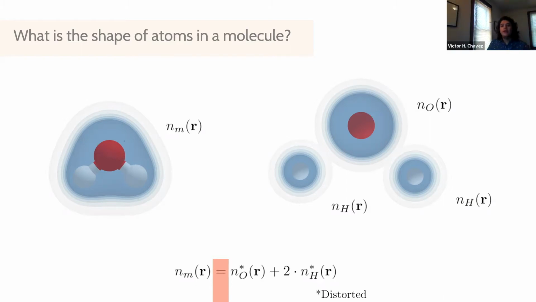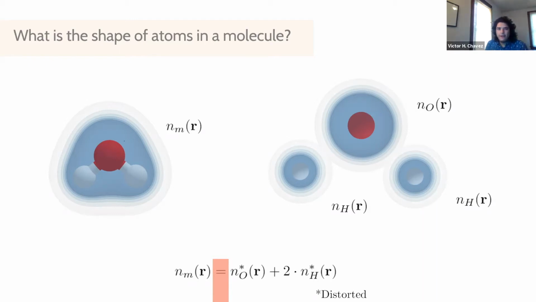And I do know that if I apply the right distortion to each of these individual densities, here I'm considering atomic ones, I'll be able to recreate the molecular density. So although the question is a little bit vague, it is not entirely meaningless, because we can say that all of the molecular information can be encoded into a set of atomic or fragment distortions.